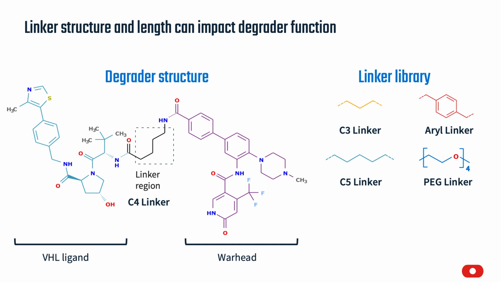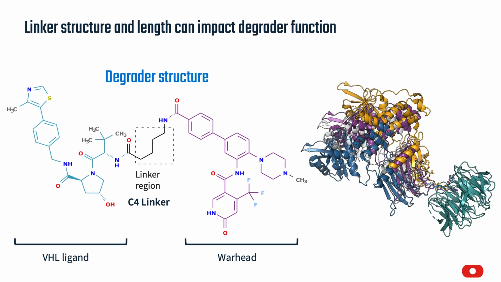In addition to the impact that these linkers had on degrader function, crystallography data indicated that the linker structure had a fairly significant effect on the structure of VHL. This graphic here provides an overlay view of multiple ternary crystal structures. And of course, this is a very important piece of information when assessing the structure-function relationship of this complex.